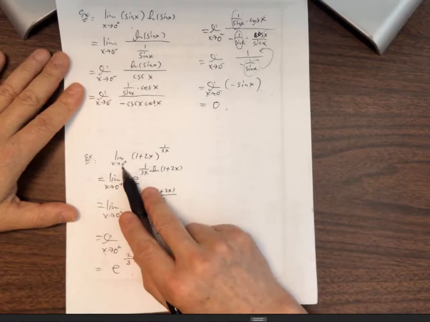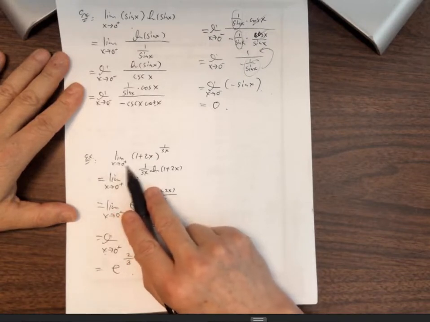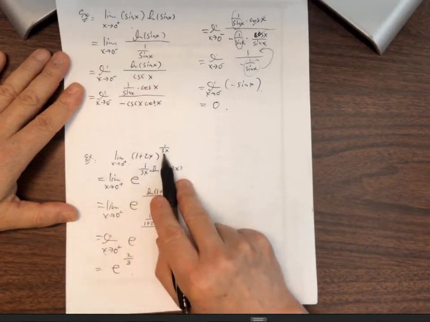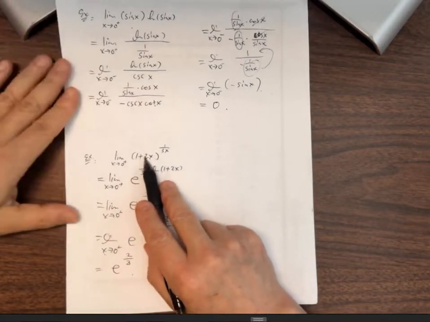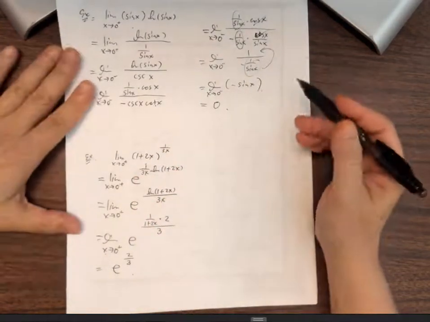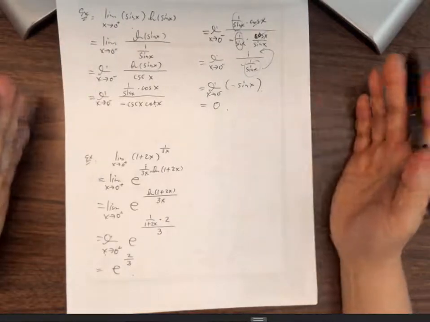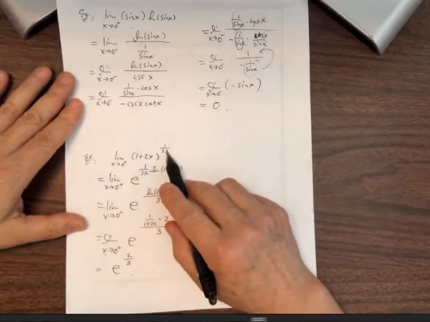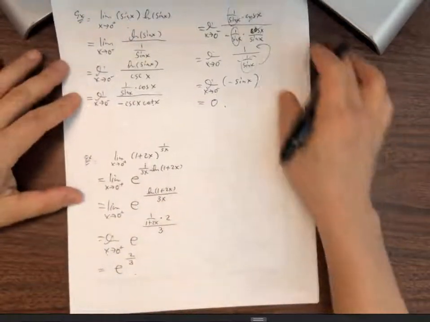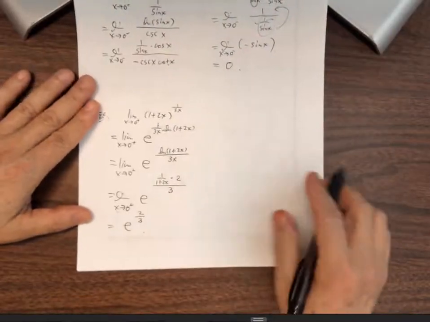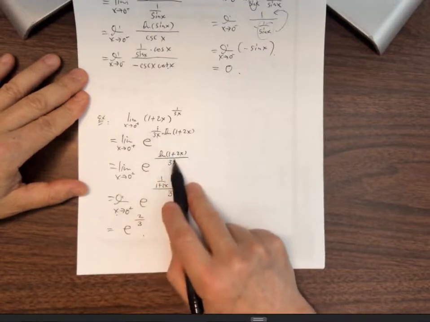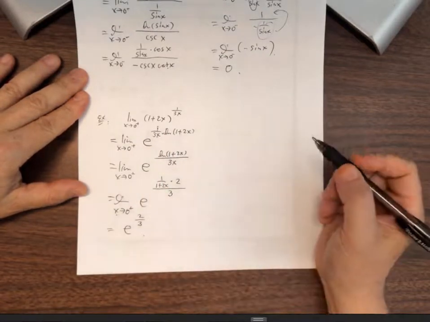For example, if you try x goes to 0, you say when x goes to 0, this is going to approach 1. This is like infinity. 1 raised to infinity power. What is that? It's not clear. You cannot say 1 raised to anything is 1, or anything raised to infinity is infinity. You don't know. Just have to do the math. Just do what we discussed here. Change the base, try to get the fraction, apply L'Hopital's rule, get the answer.